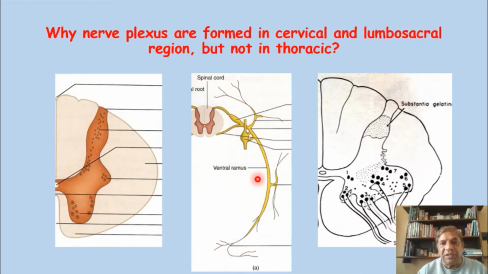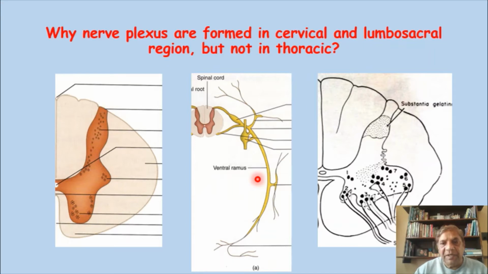If you see the evolution, there occurs the formation of limbs, appendages, which in lower animals may even be wings in birds. In human beings, this has evolved in the form of the upper limb and the lower limb.